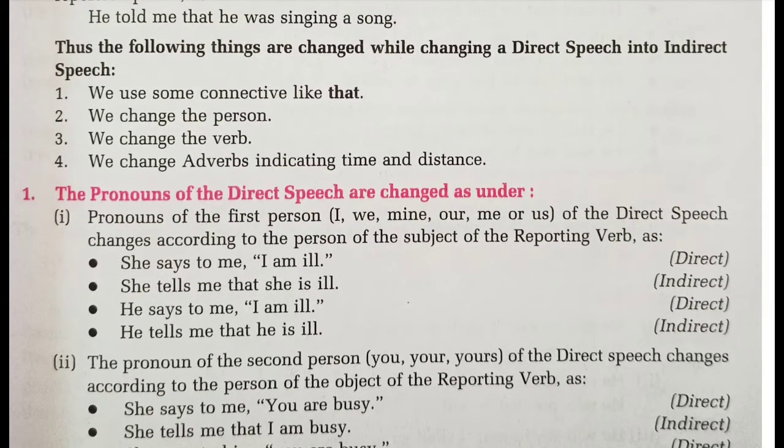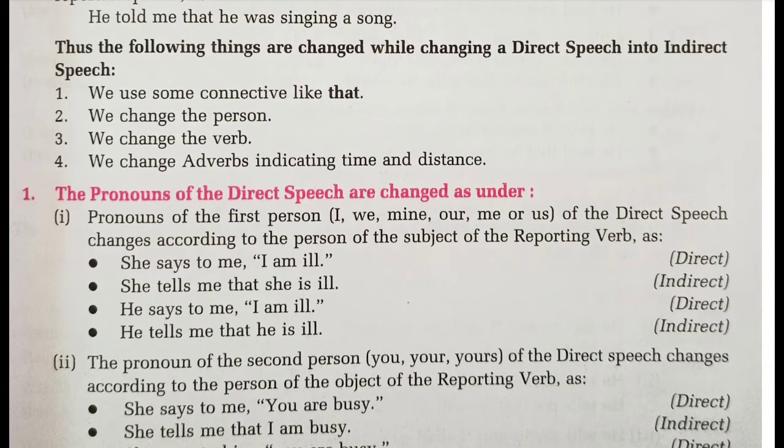Pronouns of the first person, that is I, we, mine, our, me, or us of the direct speech change according to the person of the subject of the reporting verb. As: She says to me, I am ill. Now notice here the reporting verb is in present tense. Says, not said. So changing that into indirect speech: She tells me that she is ill.